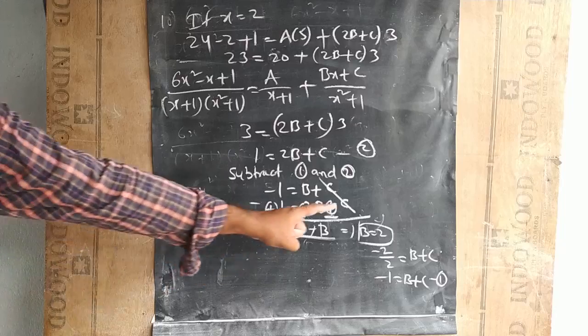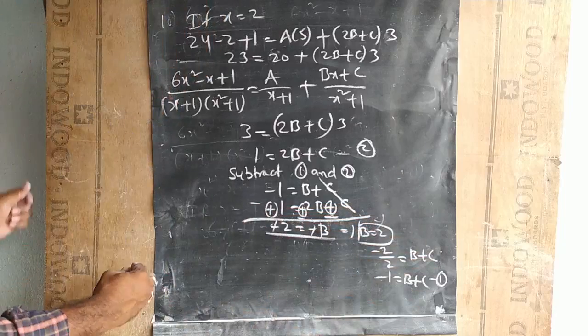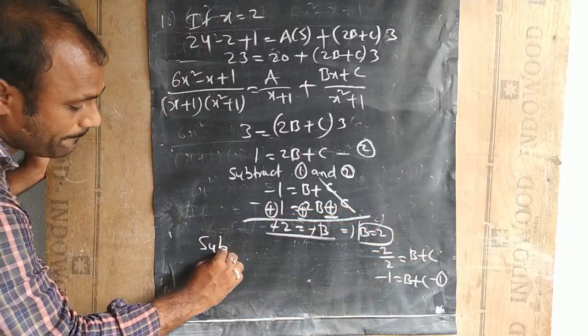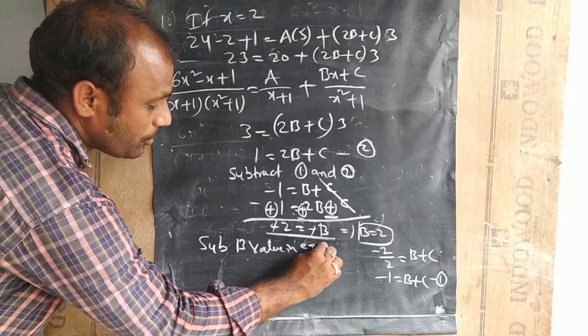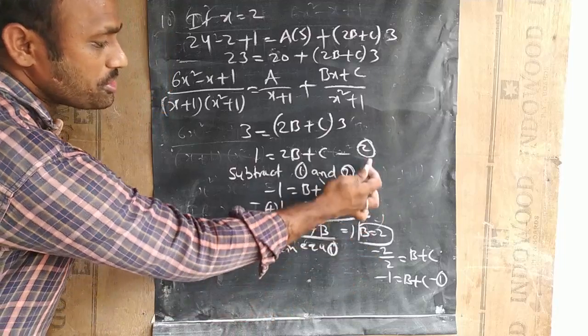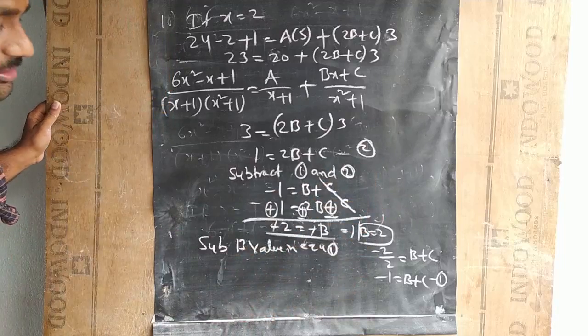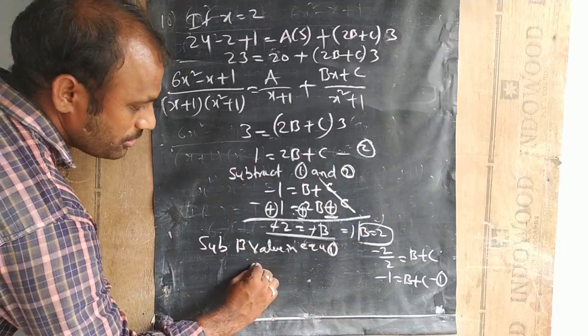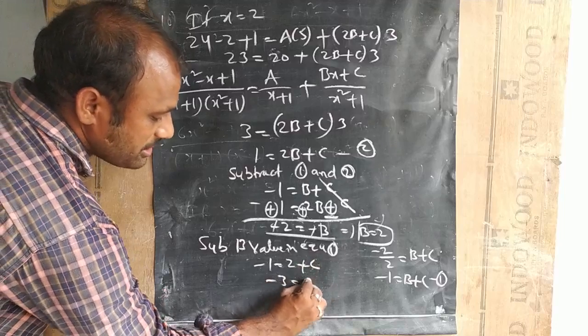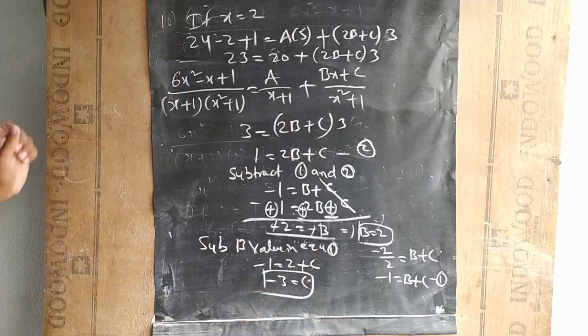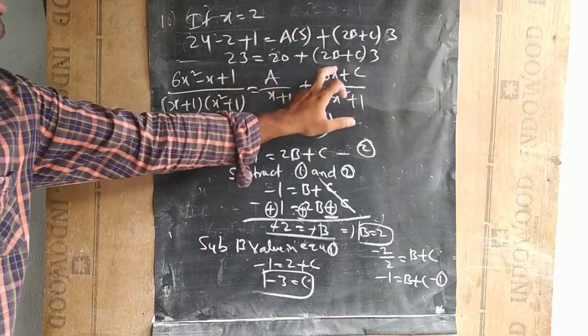Now let us substitute this B value in equation 1. We can substitute in equation 1 or 2, our wish. Any equation we can substitute. So -1 equals 2 plus C. So -3 equals C. So we got the A value, B value as well as C value.